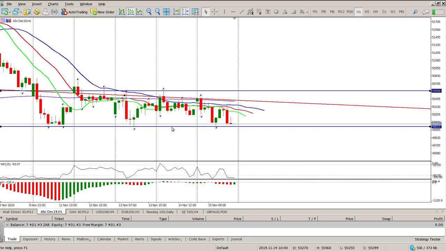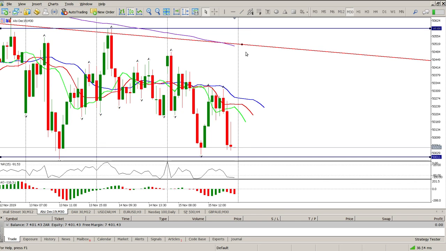I want to see a break below this on the hour, so a break and close on the hour below 50,000 before I start looking for shorts. The other side of it is also true. I'm going to want to see a decent break above this area of 50,580 before I start looking at long-term longs.